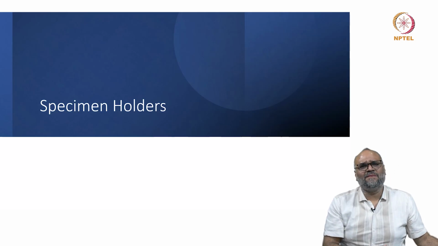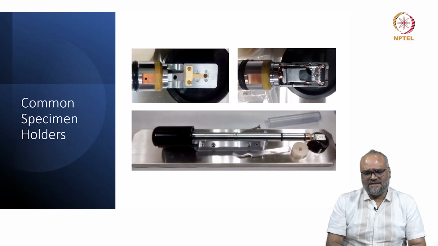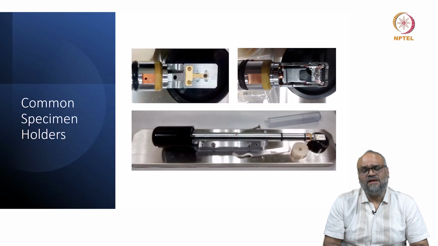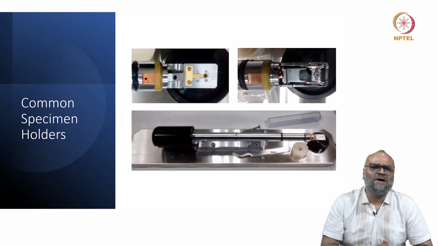So the geometry of a specimen holder looks like this. This is how the JEOL holders look like. The other instrument manufacturers have slightly different geometries, but the main idea is you want to introduce a specimen from ambient 1 bar condition into a microscope column which is maintained at ultra high vacuum.